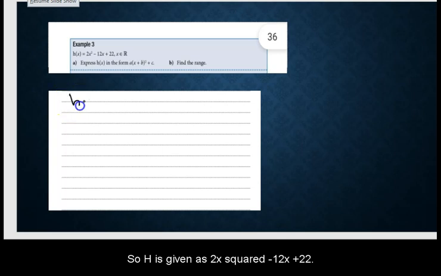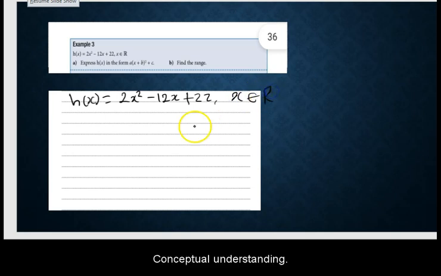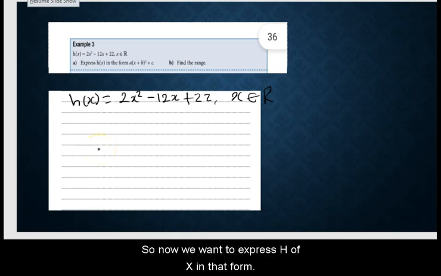So h of x is given as 2x squared minus 12x plus 22, and we know that x is a member of real number R. Conceptual understanding. So now we want to express h of x in that form.